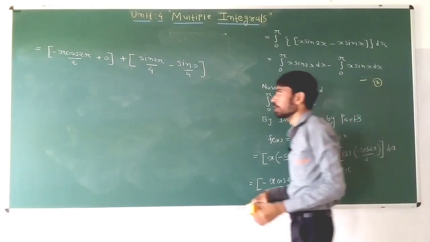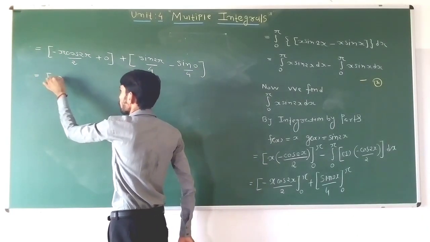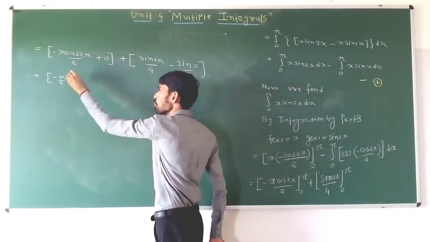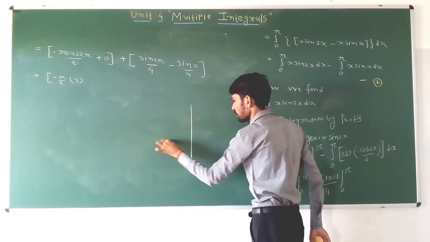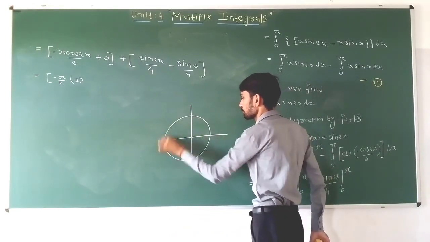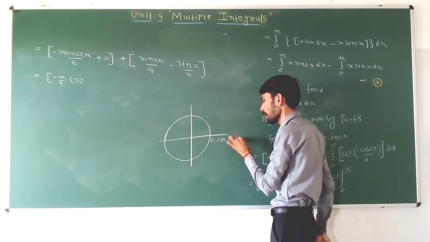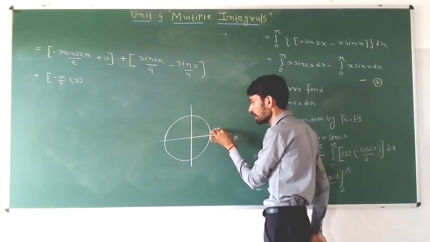Now we substitute the values. So minus pi by 2 as it is, value of cos 2 pi is 1. On the unit circle, the values come at 0, 2 pi, 4 pi, and the coordinates on the x-axis are 1, 0.